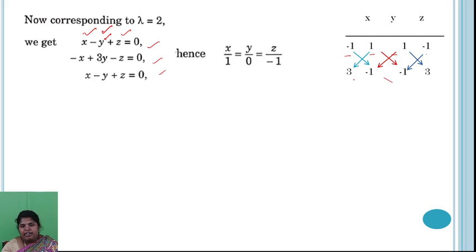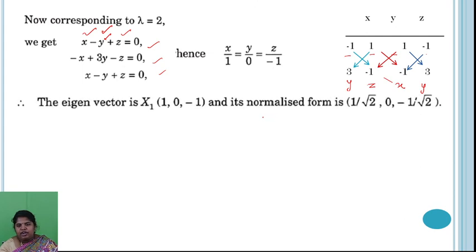Similarly, in the second equation, write the coefficient of y, coefficient of z, coefficient of x, again coefficient of y. Taking the cross multiplication, we get x by 1, y by 0 and z by minus 1. Hence, the corresponding eigenvector is 1, 0, minus 1.